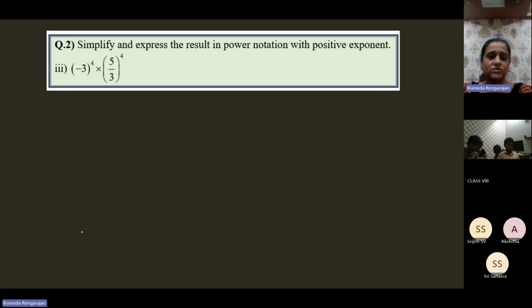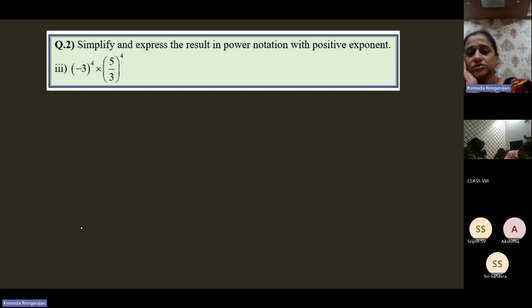Simplify and express the result in power notation, that is exponential form, with positive exponent. You need to simplify and write the result in the exponential form with positive exponent.